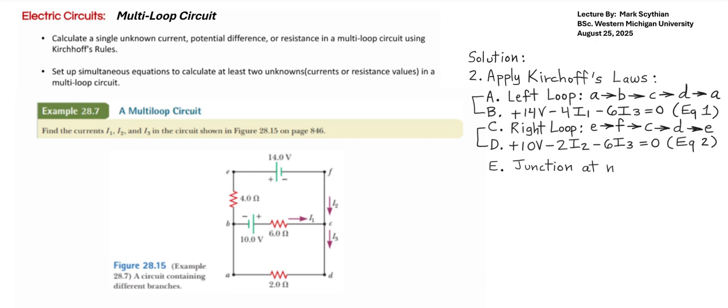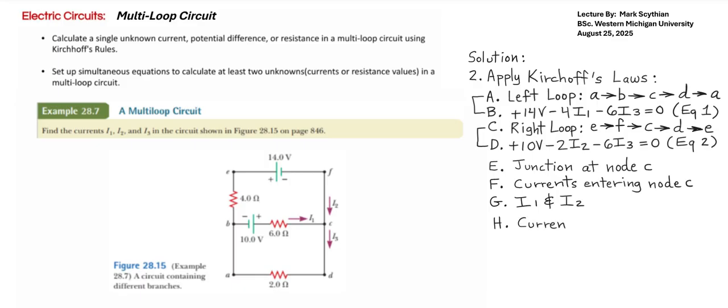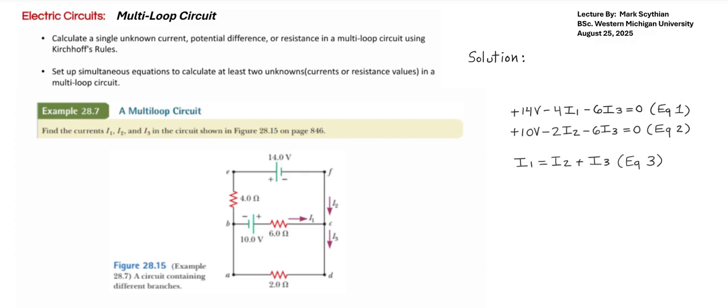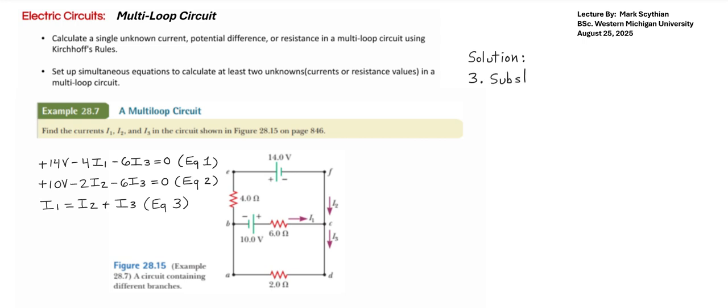And then for the fifth point, we have the junction at node C, with currents 1 and 2 entering node C, and current 3 leaving node C. So we put all these together. We then finalize that as I1 is equal to I2 plus I3, and that will be equation 3. So now we isolate these and keep them as reference.